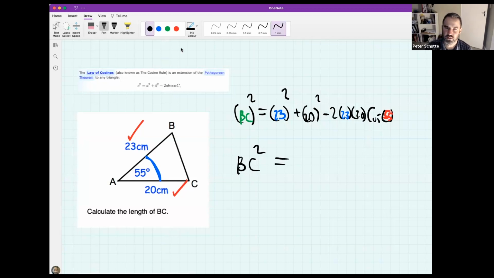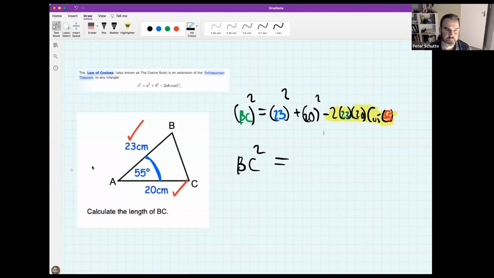It's just got this extra bit added on the end here, which we need to get used to. But I want to know, what is the value of BC squared that you get? So I'm going to say 23.